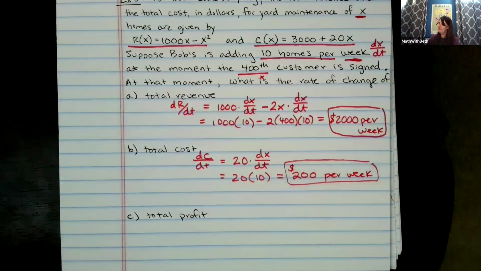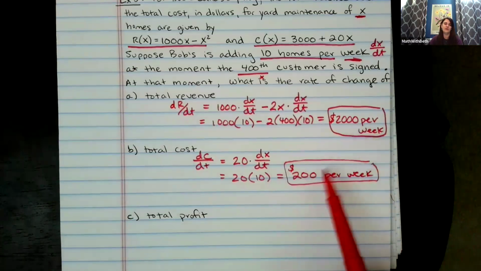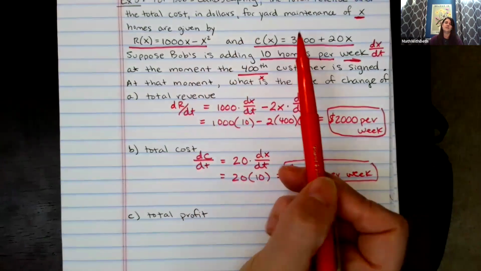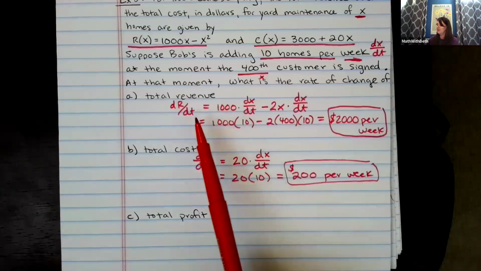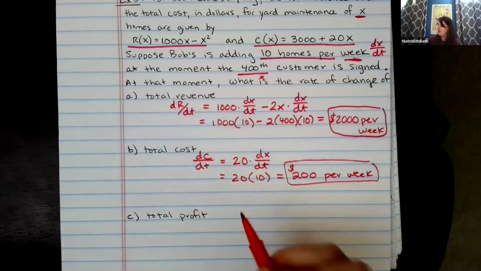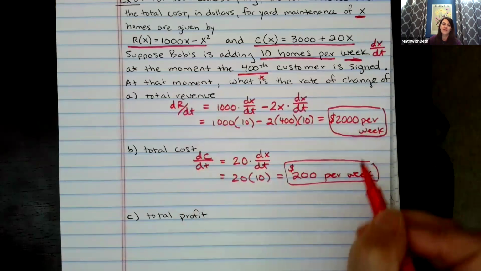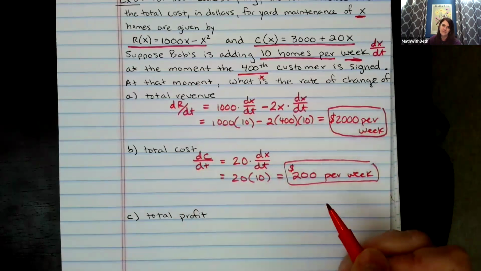So that's not too bad because we obviously want the revenue to be larger than the cost. So that's good. So for total profit, we can find the profit equation by doing revenue minus cost and then do everything we just did, or we can take a shortcut. Since we've already done this with the revenue and the cost, we can just subtract those answers instead.